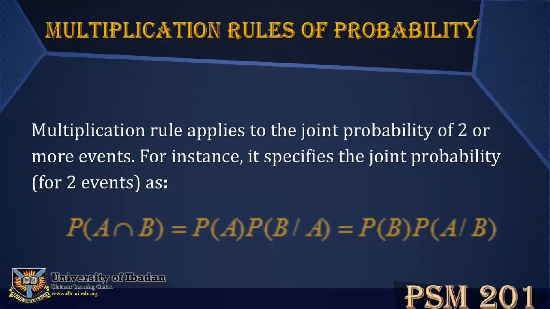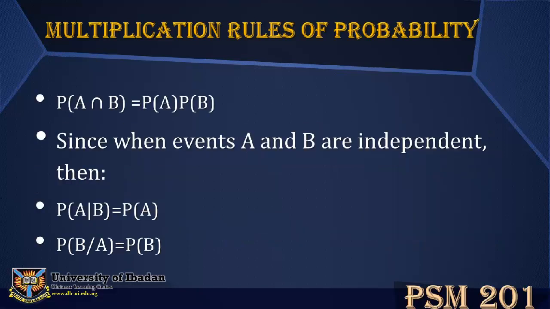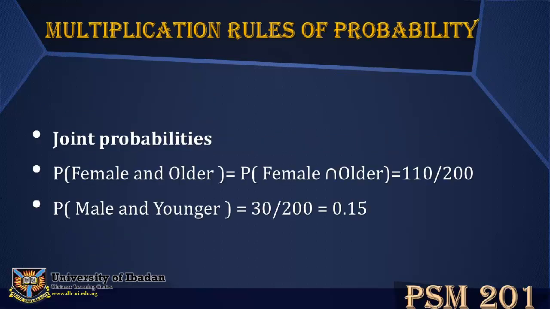However, the probability of occurrence of two or more independent events is equal to the product of their respective probabilities: P(A intersect B) equals P(A) times P(B). Since when events A and B are independent, then P(A given B) equals P(A) and P(B given A) equals P(B).